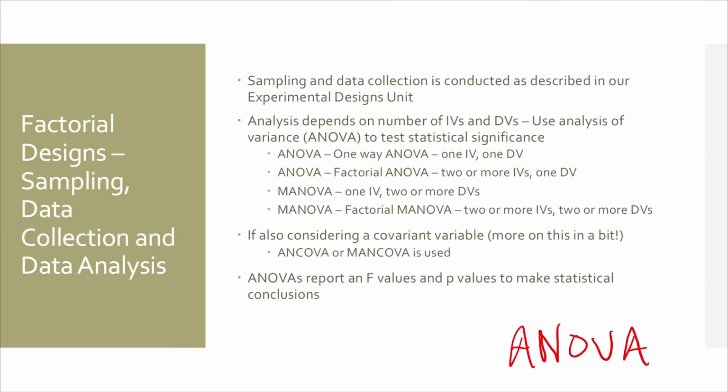And again, that they allow us to tell if differences in measures between groups are real, or are they potentially just due to random variability in the measures that are being utilized? So you'll see that ANOVAs are used in this type of testing.